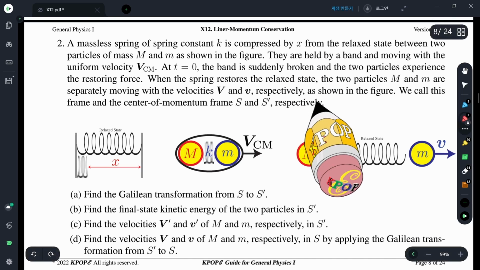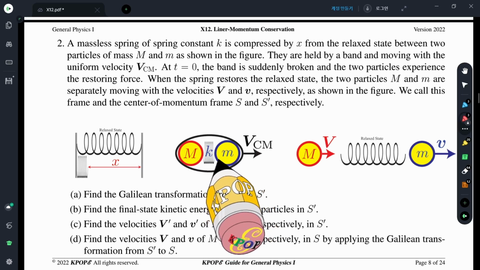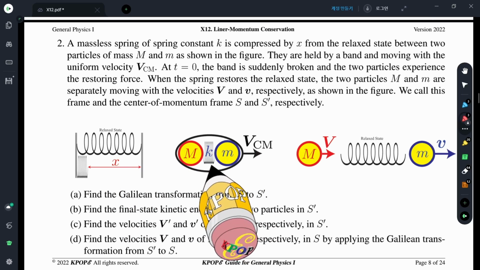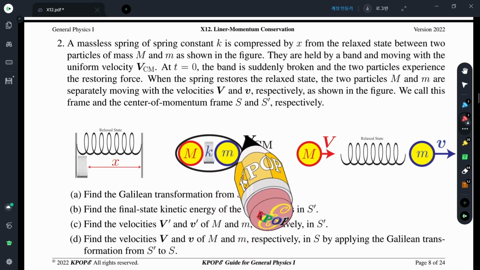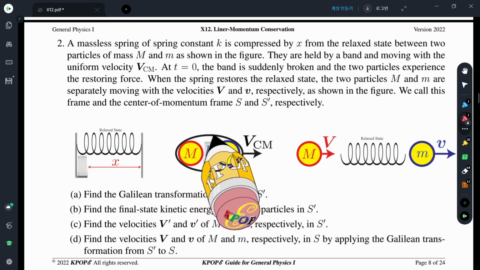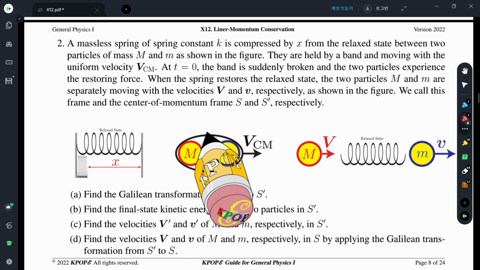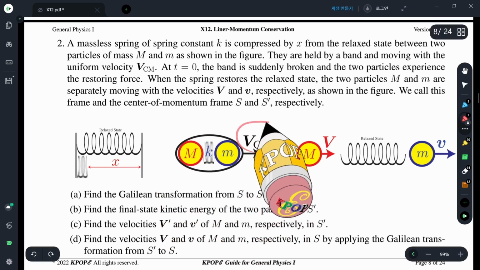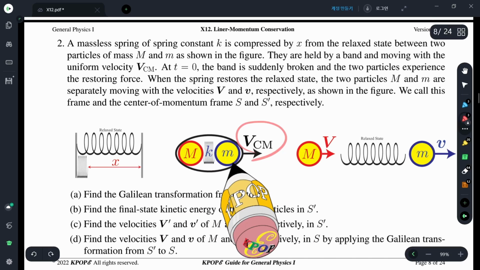The next problem is we have two particles. In between, there is a spring. I don't know how much they have been compressed, but anyway, they are still at rest, and they are combined together, stuck together, and moved with the same velocity, V_CM.